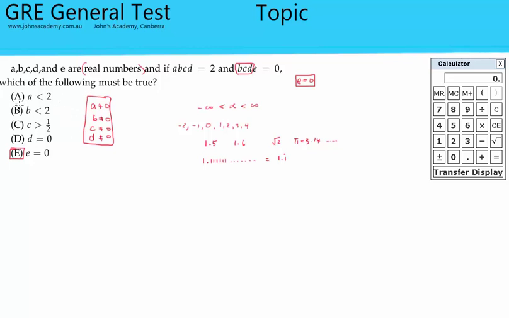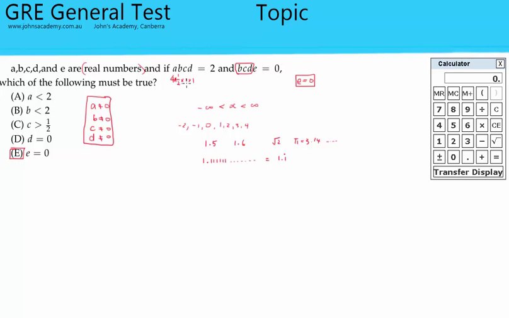Well, it says that A is less than 2, but A can be greater than 2. So what if I have 4? Let's say A is 4, and B is half. What's 4 times half? That's equal to 2. And let's say C is equal to 1 and D equals 1.